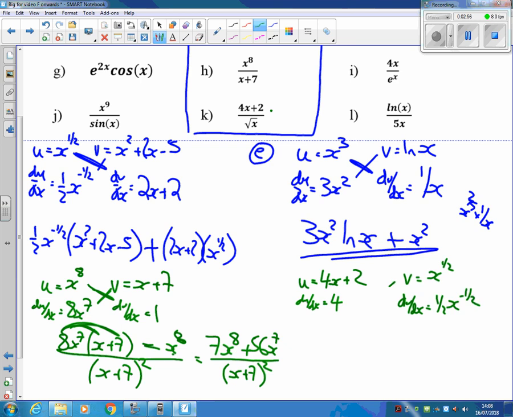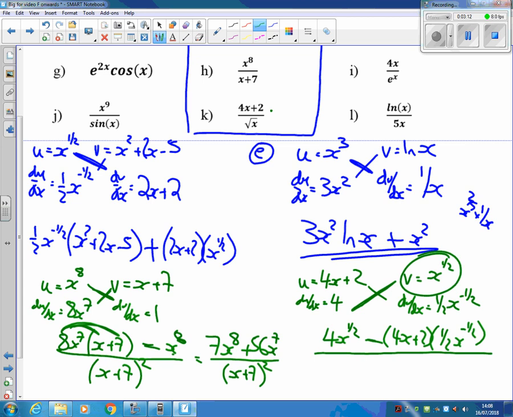And it's v du dx, those two bits times together, minus u dv dx, all over v squared. And I can work out what that squared is. It's just x, isn't it? I suppose there are ways we could tidy that up. But I think there's some multiplying out that's worth doing there, but I'm going to stop there.